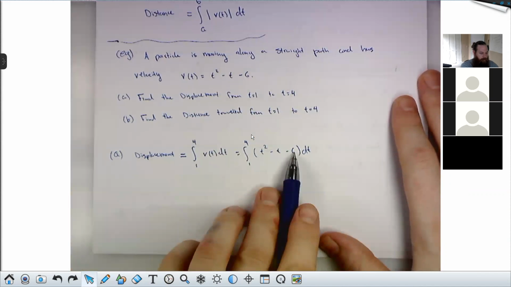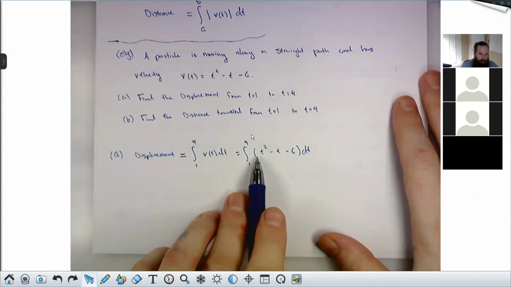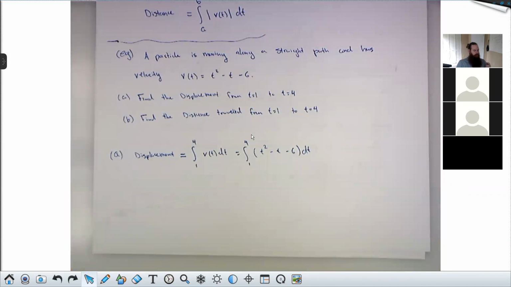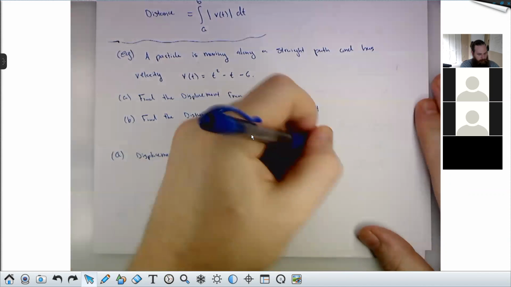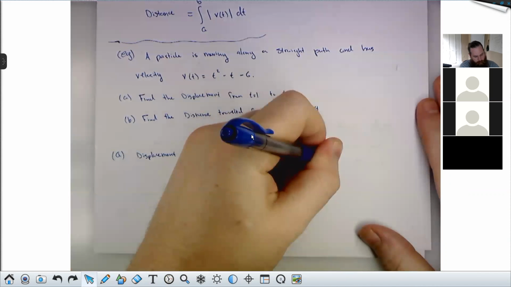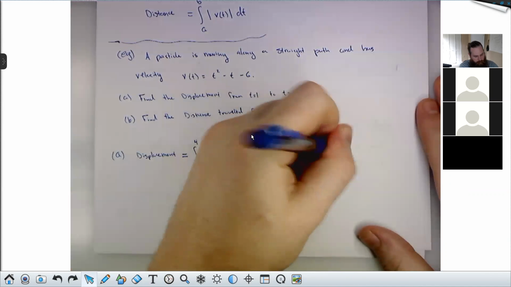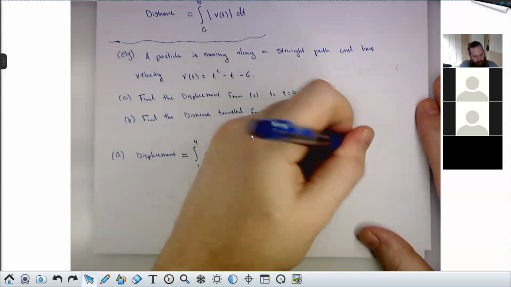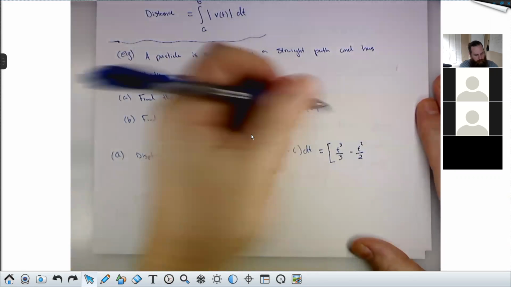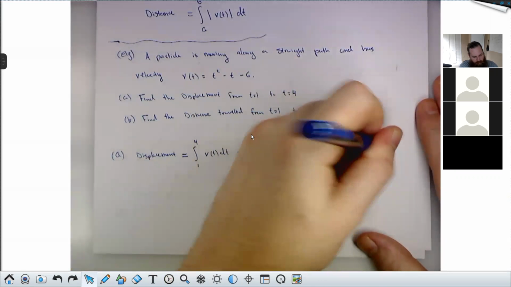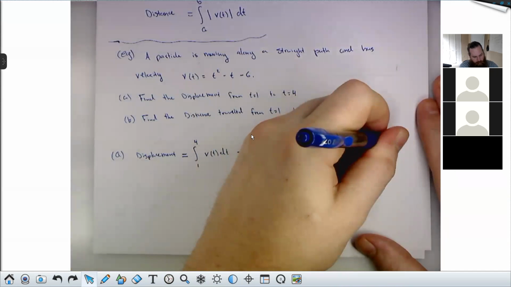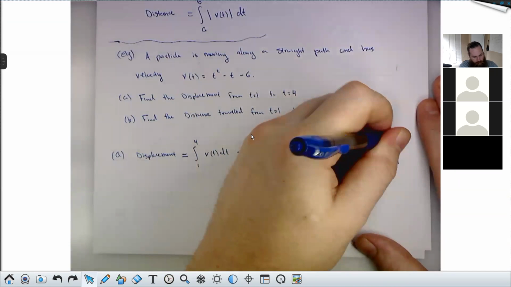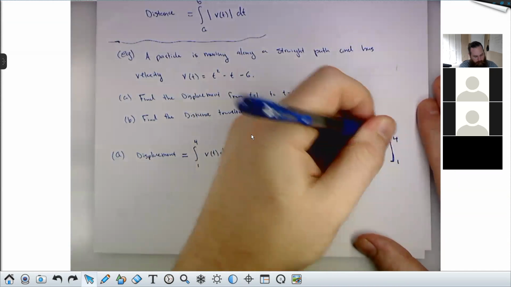We're using FTC2 to evaluate this integral, so we find an antiderivative and then we plug in the endpoints. An antiderivative for this would be t cubed over 3 minus t squared over 2 minus 6t, and I'm going to evaluate this from t equals 1 up to t equals 4.